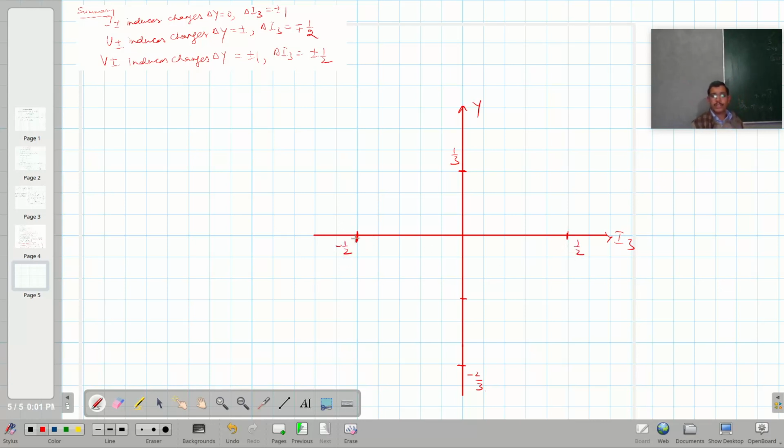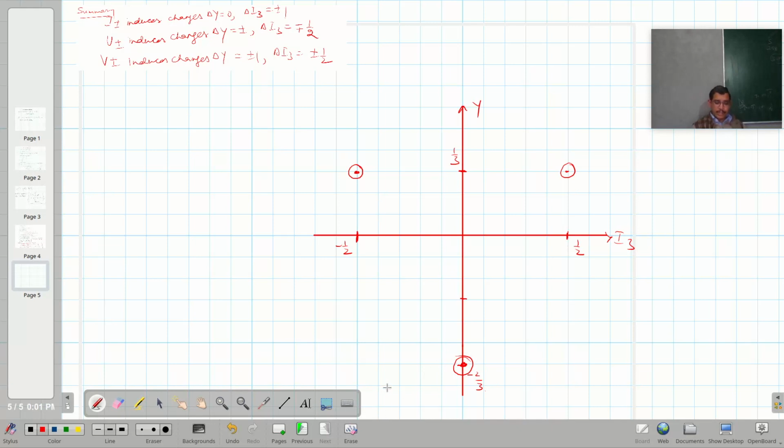So these are our points. Since the given points are represented like this, one point is here and another point will be here and another third point will be here.